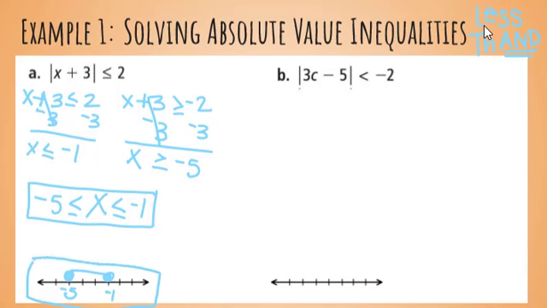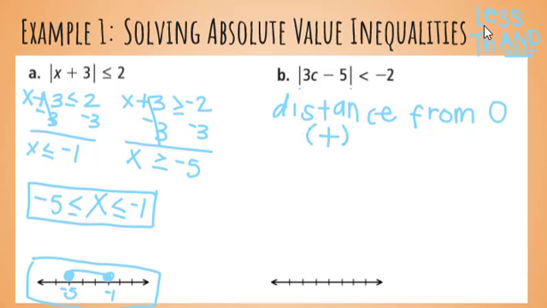So let's look at the other one. The absolute value of 3c minus 5 is less than negative 2. So remember, an absolute value is distance from 0. And a distance is always going to be positive.